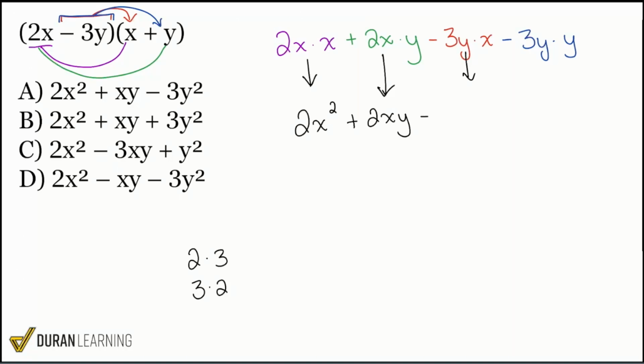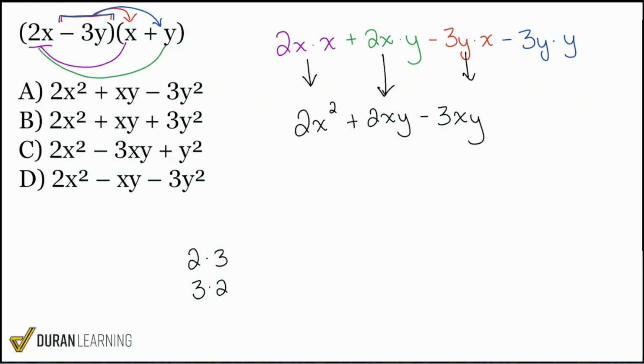I'm going to write this as negative 3xy. So I'm going to write it in this way because it's going to allow me to see the like terms that I can combine. xy, xy. Does everybody see that there in the chat box? Again, I wrote it in alphabetical order so I can better identify and better understand my like terms.